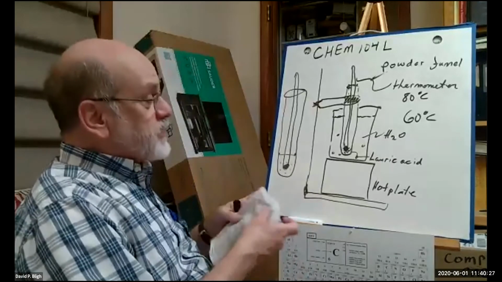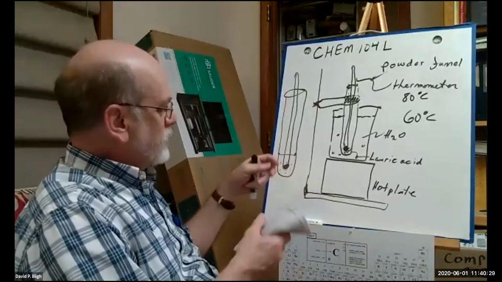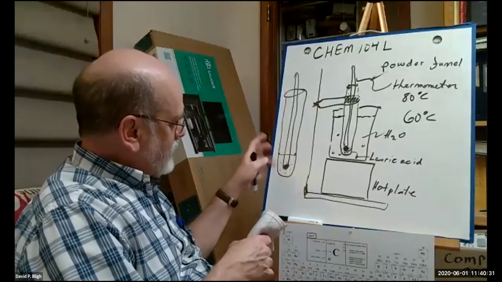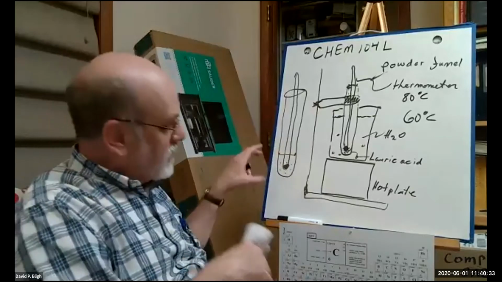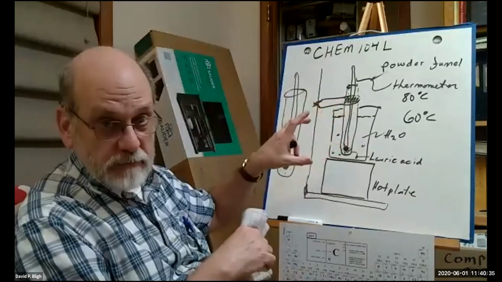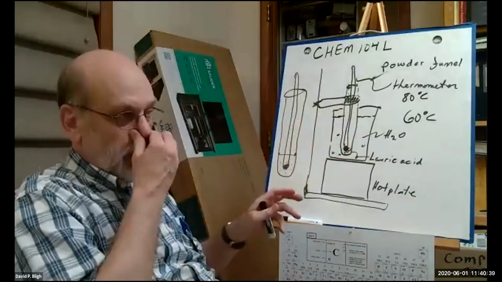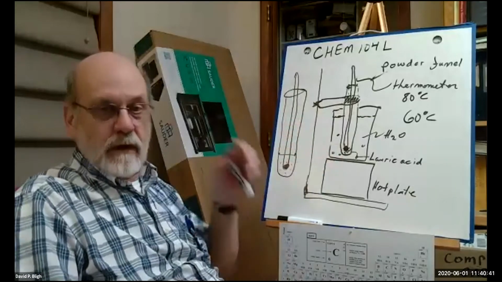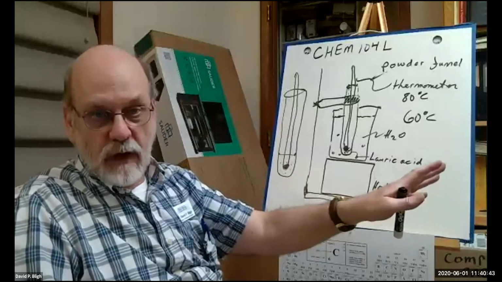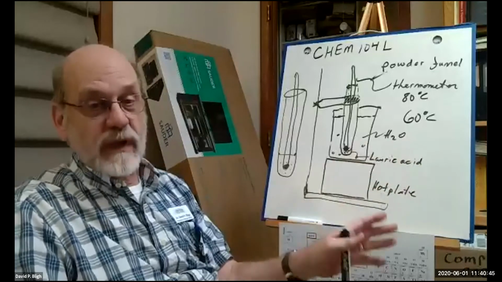So for experiment 2, we'll take this tube, put it back in the boiling water, and melt the lauric acid again. And while it's doing that, you go measure out approximately 1 gram of benzoic acid.